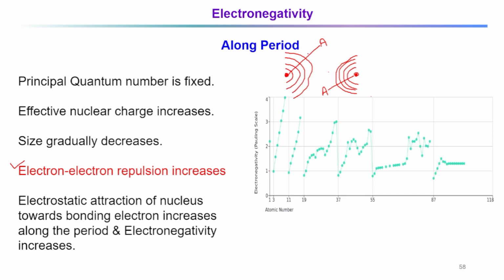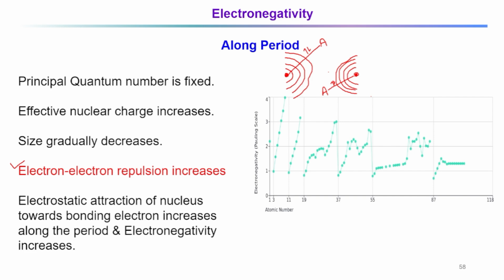Okay, for example, if we see these electrons here and these electrons somewhere here, these electrons are actually much closer to this nucleus because it has high effective nuclear charge and small size.